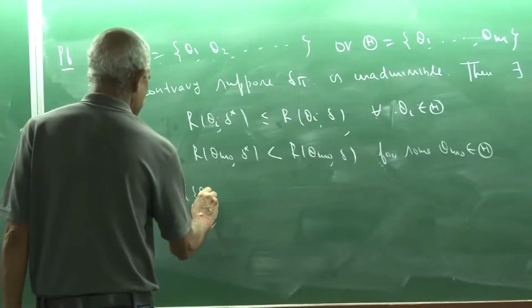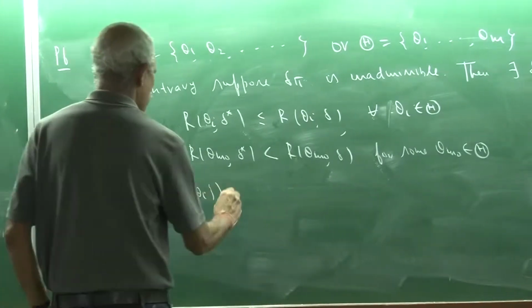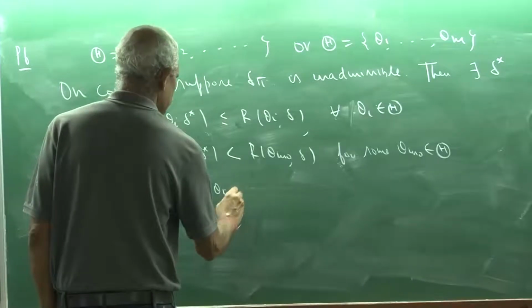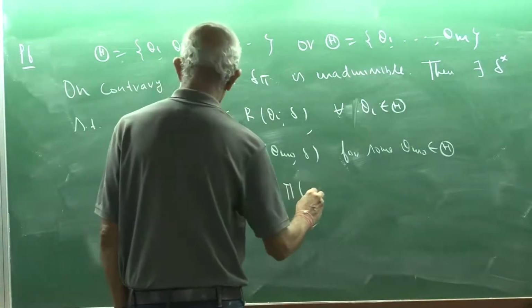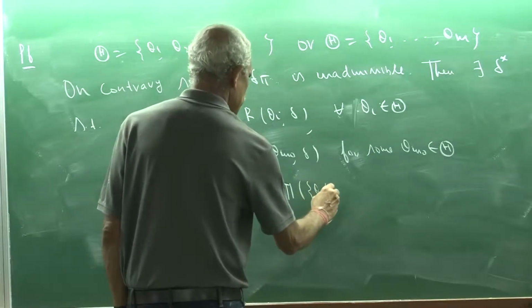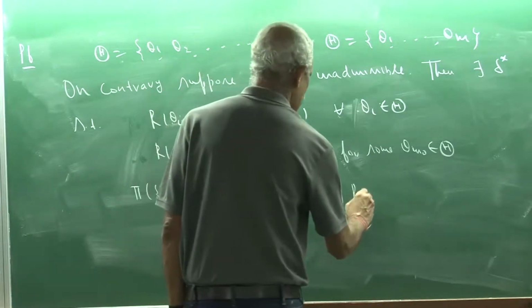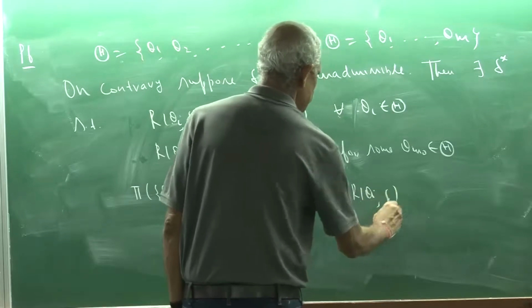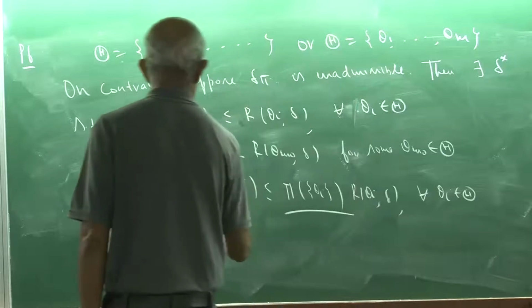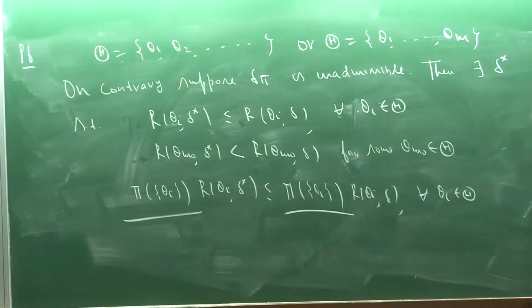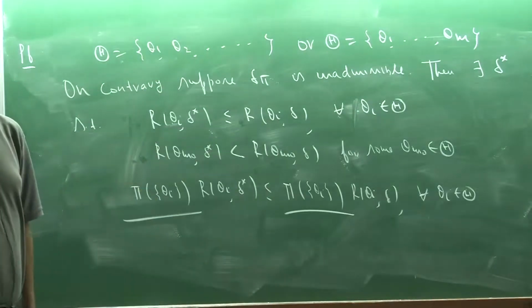So this implies that pi theta I times r(theta I, delta star) is always less than or equal to pi theta I times r(theta I, delta). Note that for this I do not need pi of theta I to be positive. Even if it is 0, I will have equality, it doesn't matter.